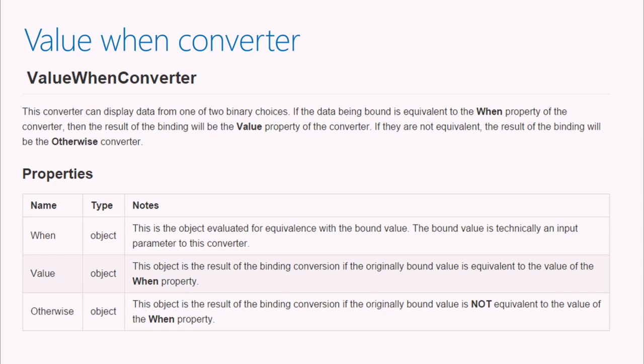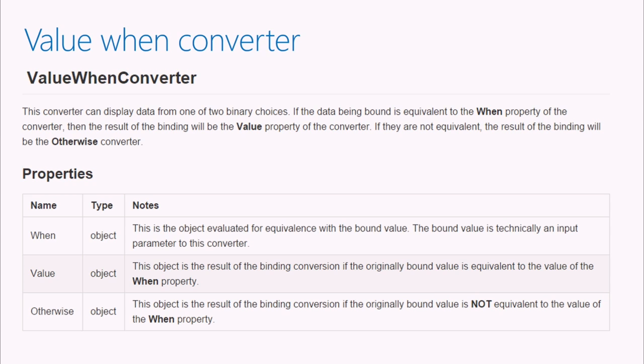Let's look at the properties of it, because I think that is pretty handy. There are three properties to the ValueWhenConverter. The first is the When, so this is when whatever you're binding to is this value. In your example, it was Boolean, so when true, for example, then I'm going to pass back the value. That's the second property, Value.